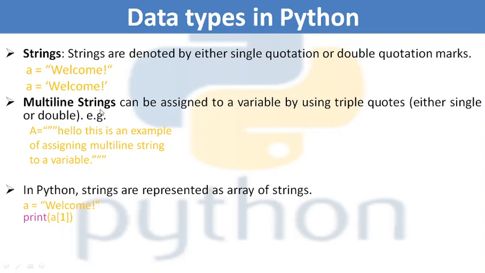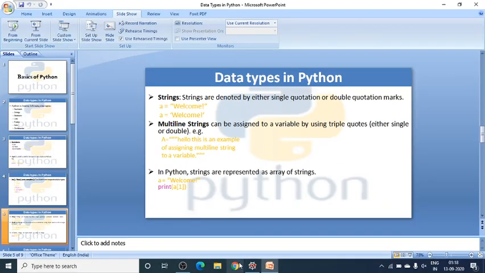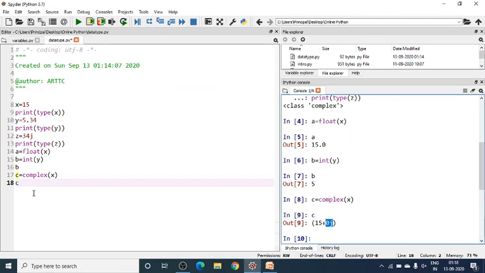Next are multi-line strings. They can be assigned to a variable by using triple quotes, either single or double. So let us take it here. I am making a variable greet is equal to "welcome".